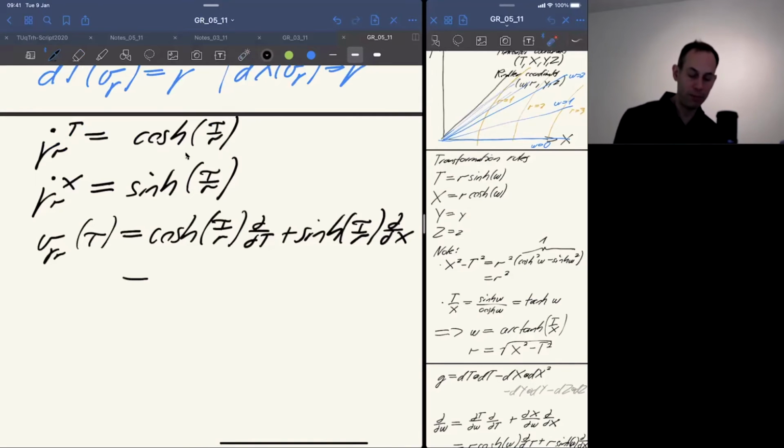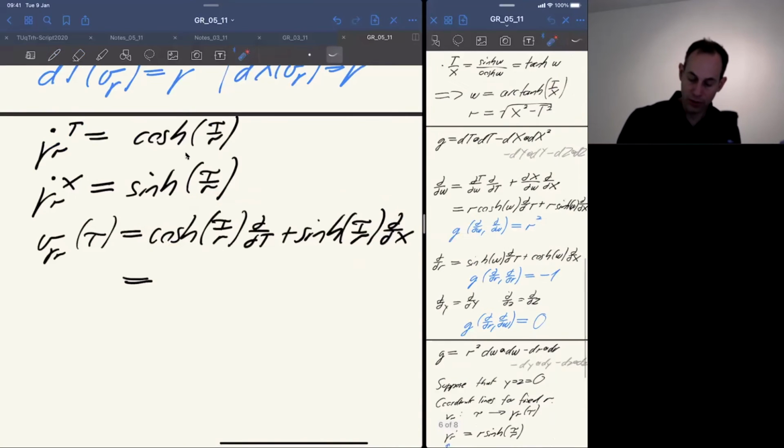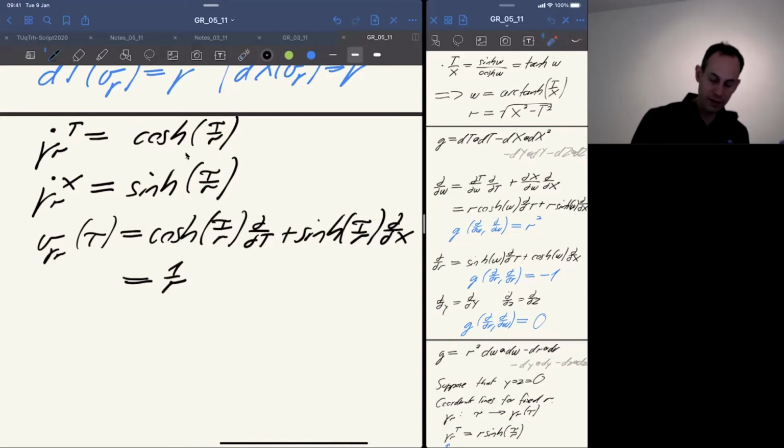But now I can compare this expression with the expression we already calculated for d/d omega. And you see it's just the same up to a factor of r. So if you look here on the right-hand side, this thing, then you immediately realize that you can write this as 1 over r d/d omega.